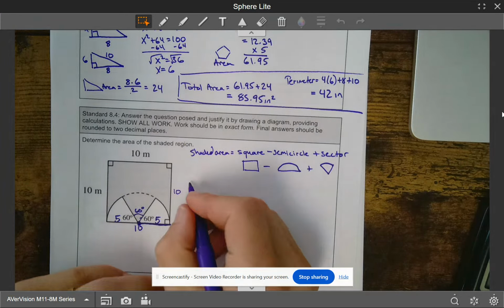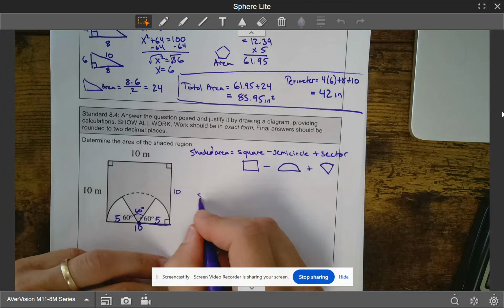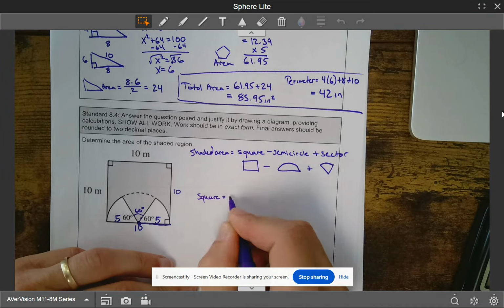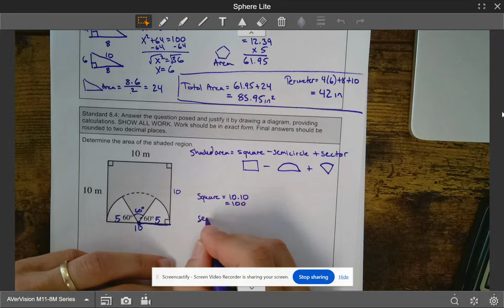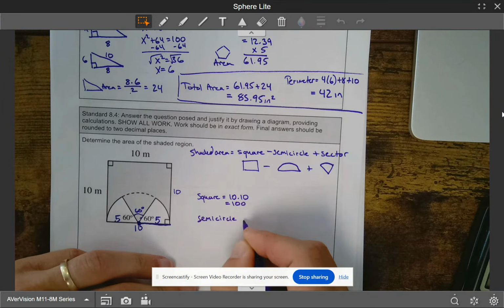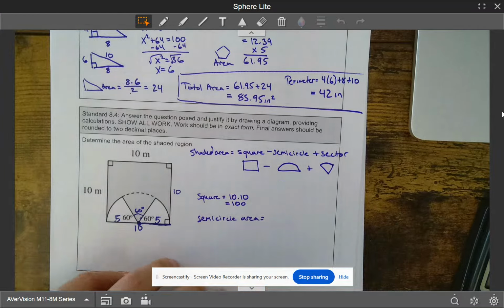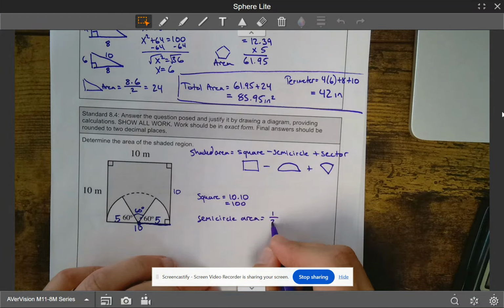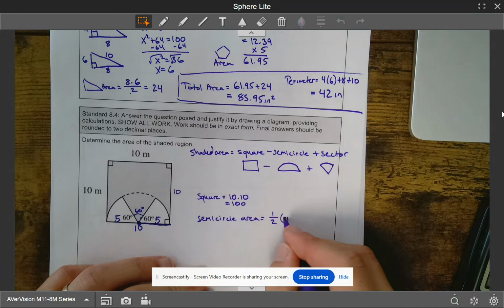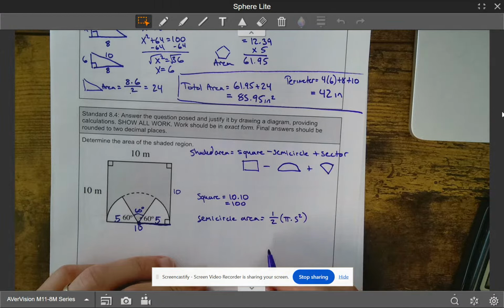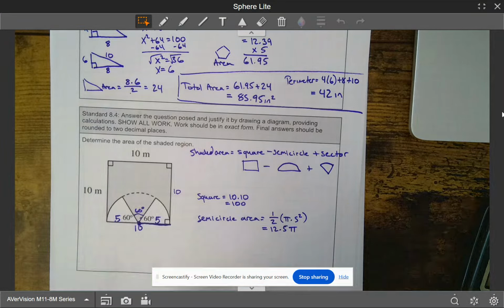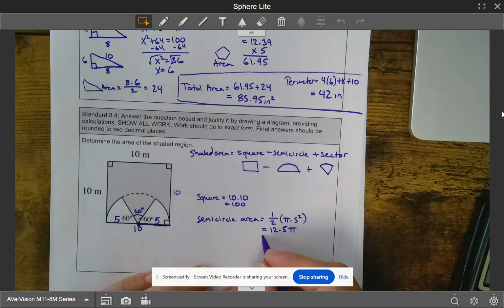Okay, so first step, the square area, 10 times 10, so that equals 100. The semicircle area is what? Well, it's half, because it's half the circle, times pi times the radius squared. So that works out to be 12.5 pi, which is the same as 39.27.